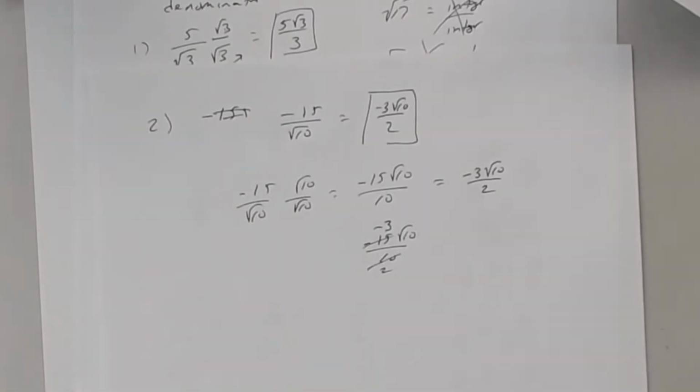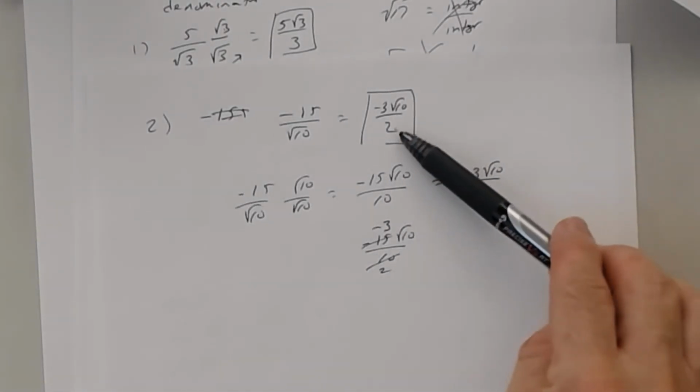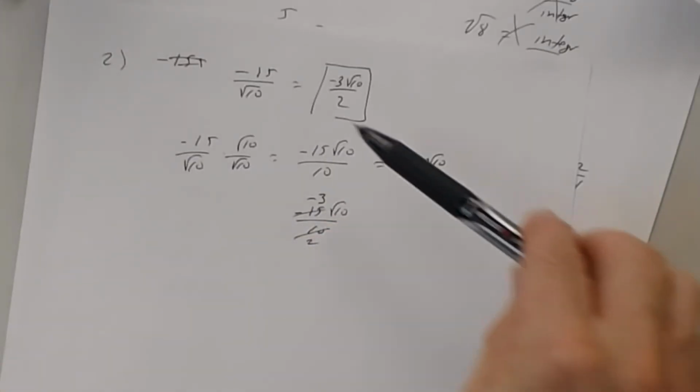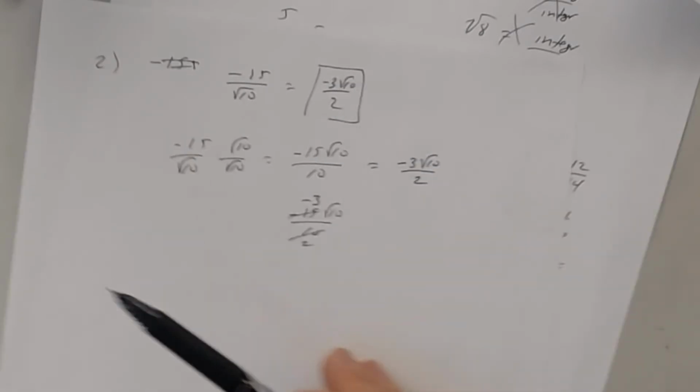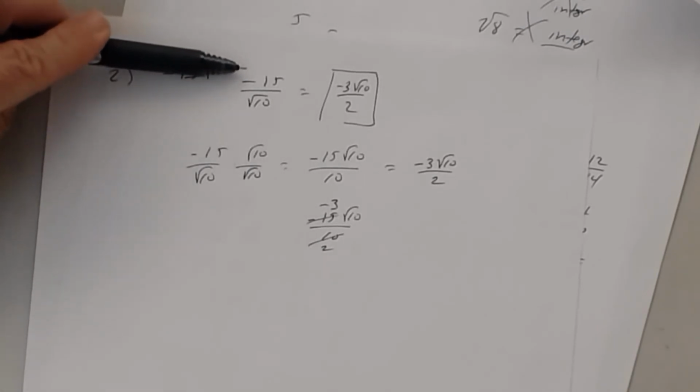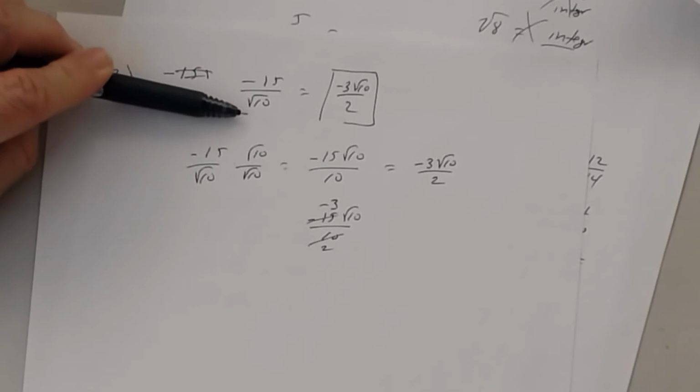So now notice my denominator is now what kind of number? A rational number. The numerator is still an irrational number, but the denominator is what kind of number? Rational. So if I go back to the original problem, negative 15 is what kind of number? Rational. The square root of 10 is irrational.